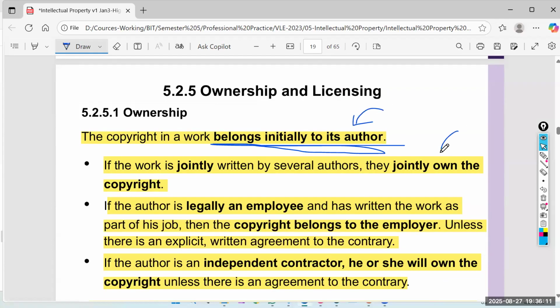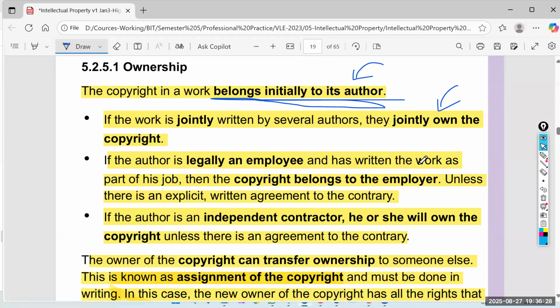There are situations where copyrights can be shared among a few people, maybe as a collective effort, or the copyright is given to an organization or business entity. Those are possible. Remember, a legal person can be a human or a business. We discussed private limited companies, so a private limited company can be the copyright owner.